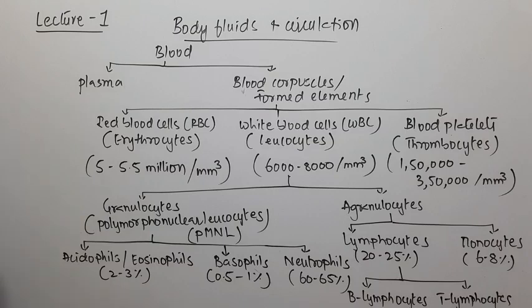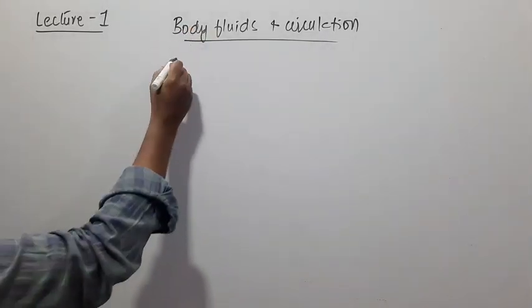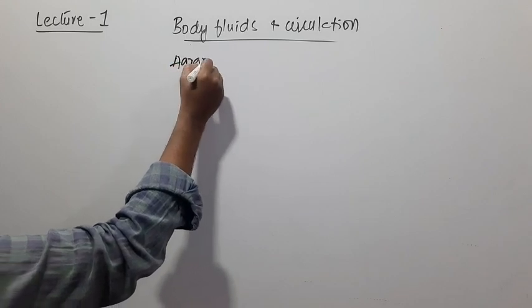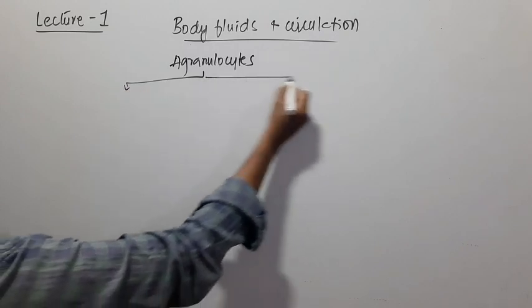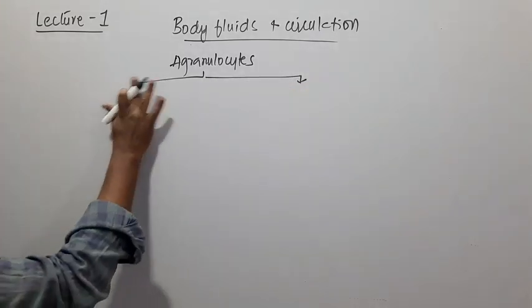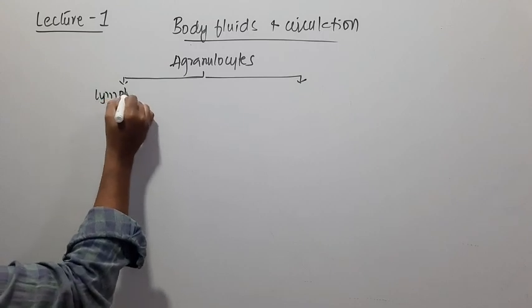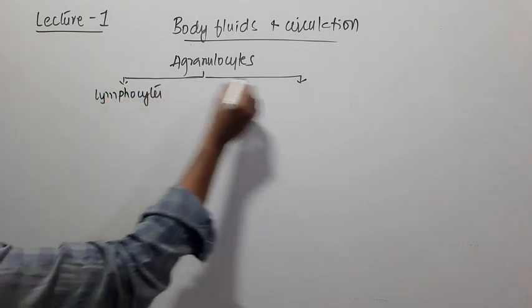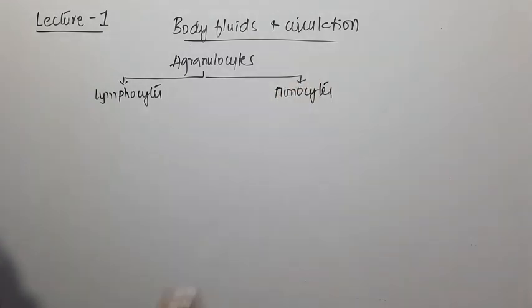Okay, so I will write it freshly. I said these agranulocytes, which I have classified into lymphocytes and monocytes.